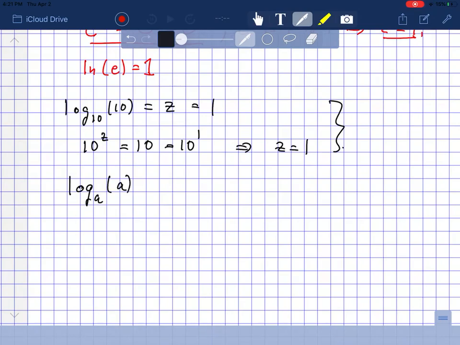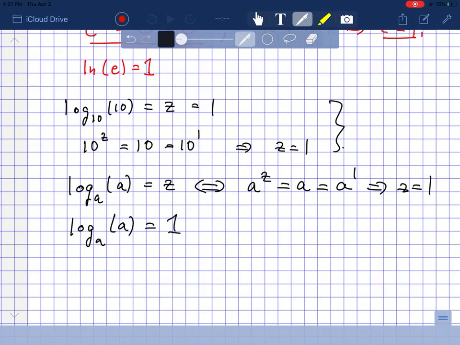In fact, the log base a, and I think we mentioned this, the log base a of a is equal to, we'll say z. This is equivalent to saying a to the z power is equal to a, and a is equal to a to the 1 power, and the exponential function base a is 1 to 1 and therefore invertible, and so z is equal to 1.